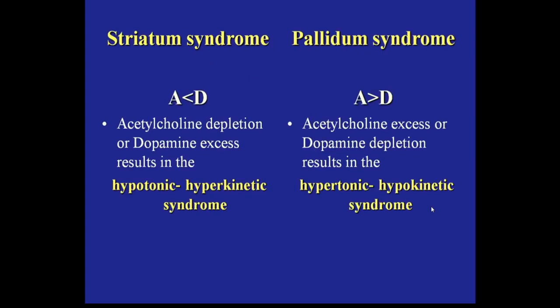When they are not in balance, we have different syndromes, striatum syndrome and pallidum syndrome. When concentration of acetylcholine is less than functional concentration of dopamine, acetylcholine depletion or dopamine excess results in hypotonic, hyperkinetic syndrome or striatum syndrome, hypotonic, hyperkinetic.